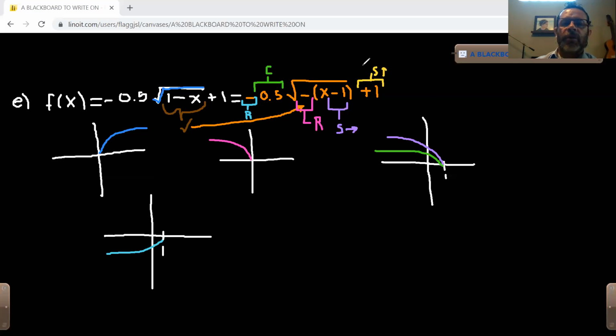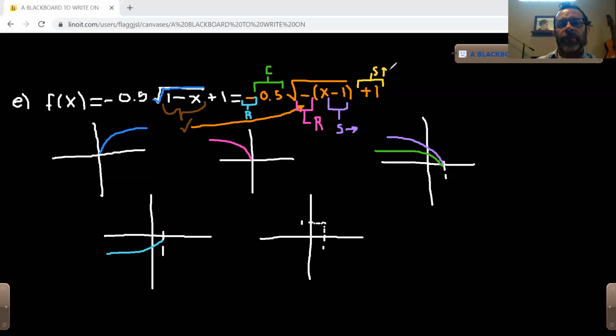Okay, and so what we're going to have in the end is something like this. I'm going to exaggerate here a bit. We've got the 1 here, and this generates a new point here.